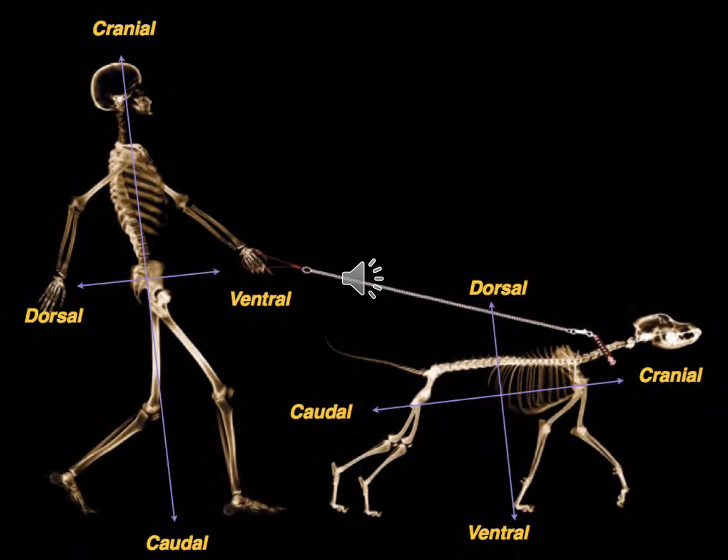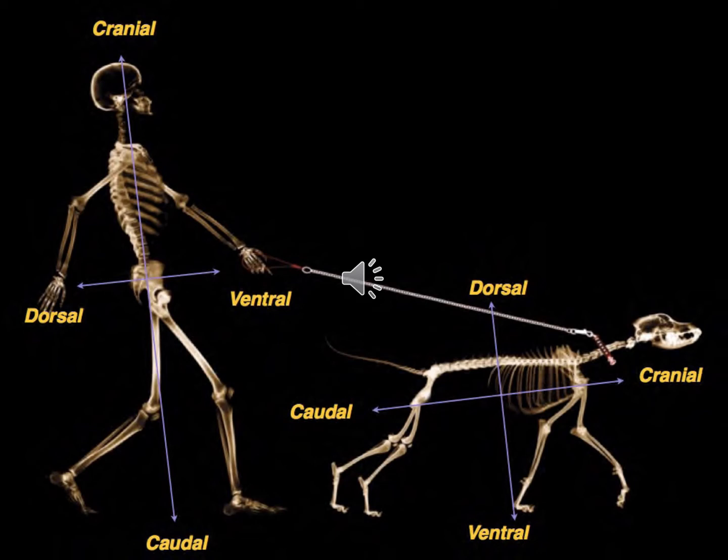If you look at the way they are situated in the dog, they are the same on the human skeleton. Remember that superior, inferior, anterior, and posterior are not really synonymous, as in the slide before, but these terms are.